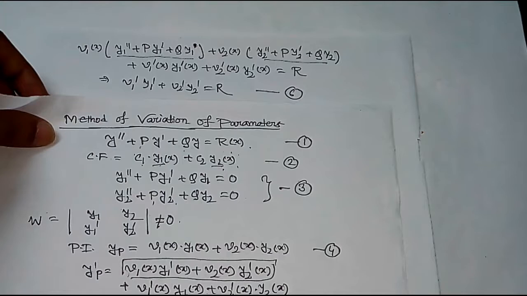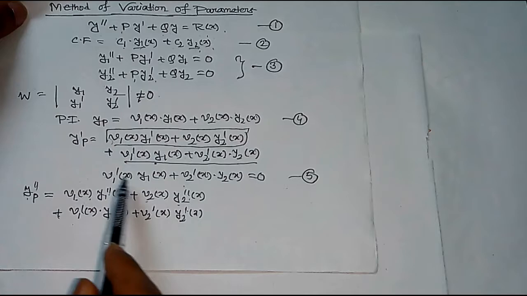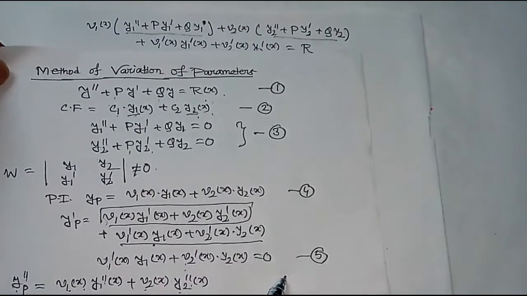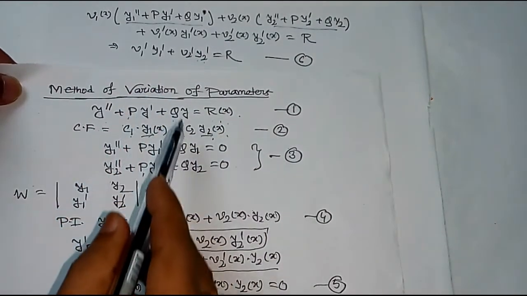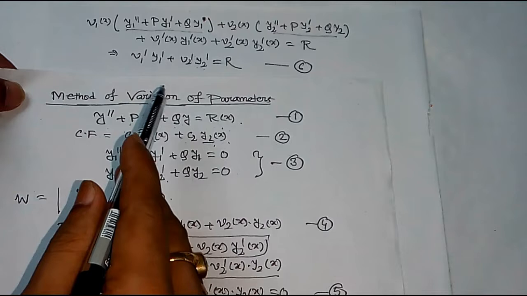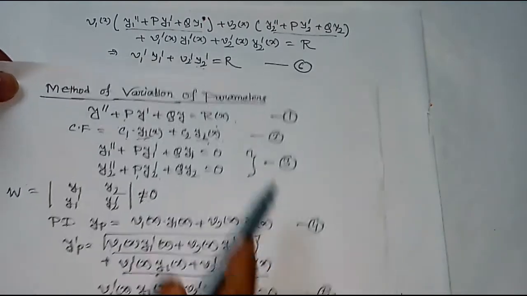Now we have two equations, this one and this one, involving two unknown functions v1 dash and v2 dash. If we solve these two equations 5 and 6, then we can easily find v1 dash and v2 dash because y1 and y2 and their corresponding derivatives are already known.